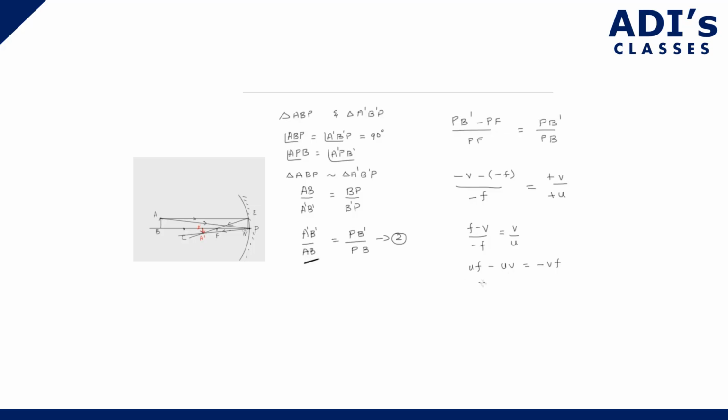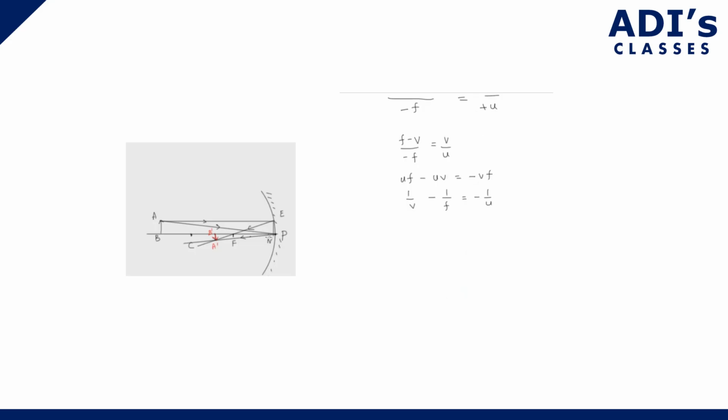So we get 1 by V minus 1 by F is equal to minus 1 by U. Rearranging this, you will get 1 by F is equal to 1 by U plus 1 by V. This is what we call the mirror formula. So the mirror formula is 1 by F is equal to 1 by U plus 1 by V. Now go through the same video again and understand how to do the derivation, which triangles you have to take and what sign conventions you have to take.